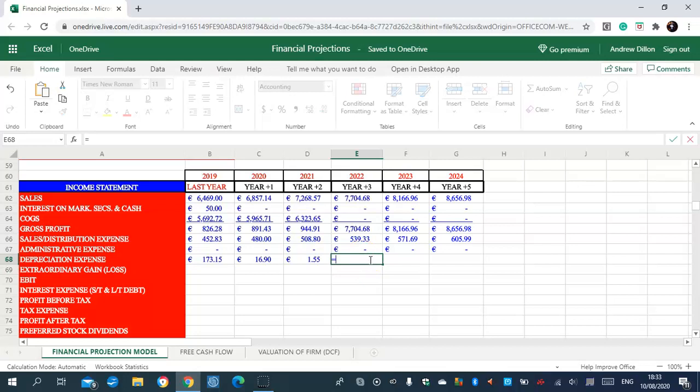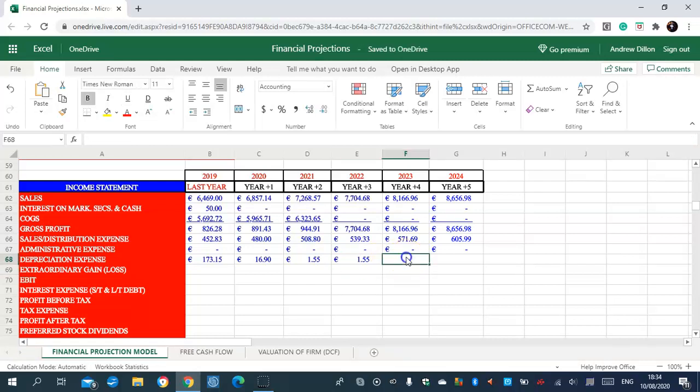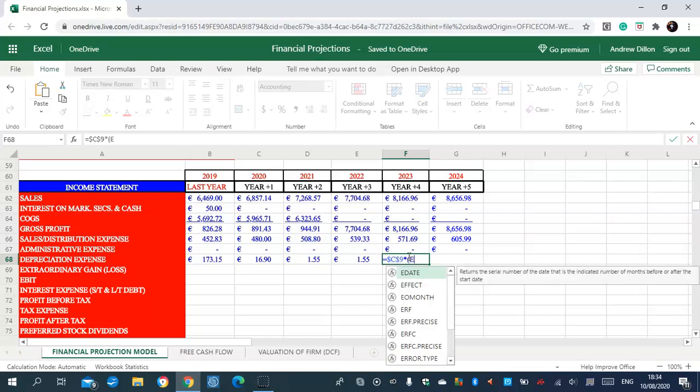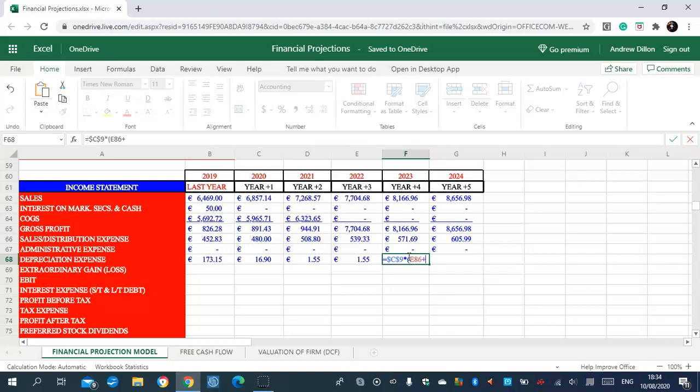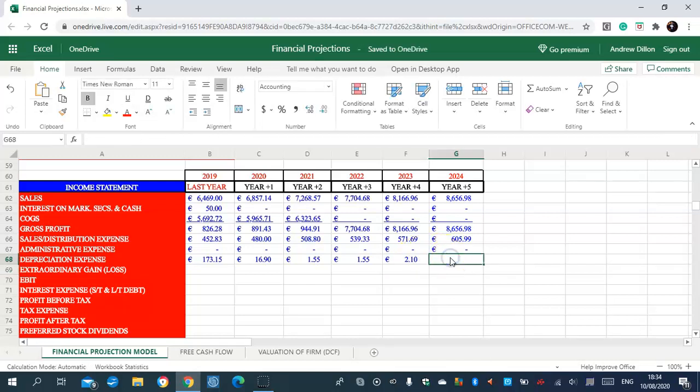Different once again. Okay, now the last one.